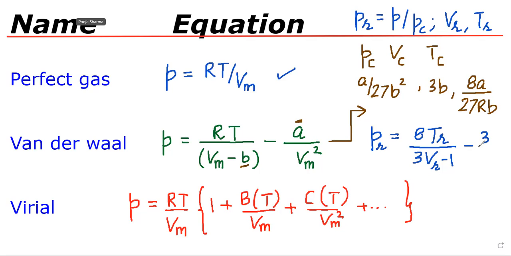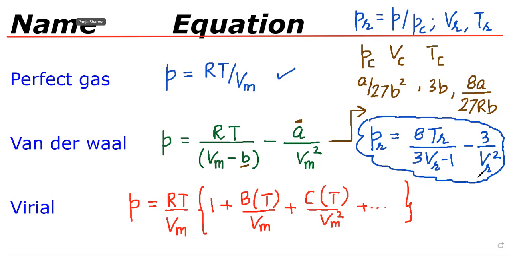One important thing, all the parameters here are dimensionless. So this is the equation of corresponding states, and you can really use this equation for the comparison of gases. So that's a brief revision of the various gas equations which we use.